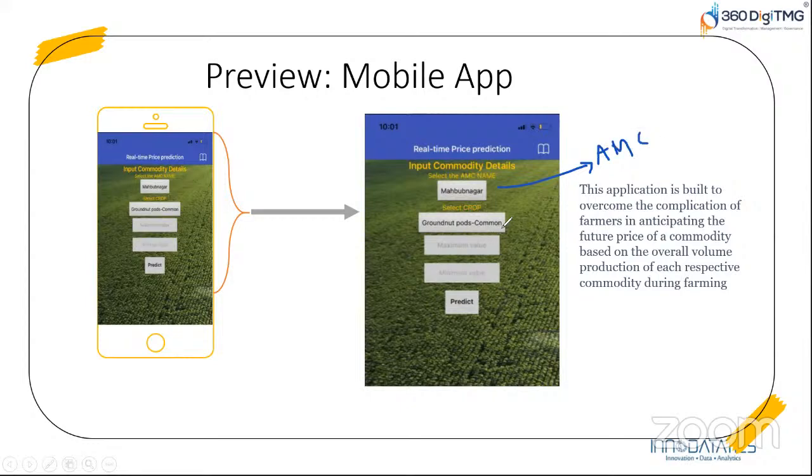Once the farmer inputs these 4 values, MIT App Inventor connects to the Flask application in the backend where we deployed the model, and we get back the price. Based on the predicted price, the farmer can do volume management accordingly. So this is what we have done with the model building.